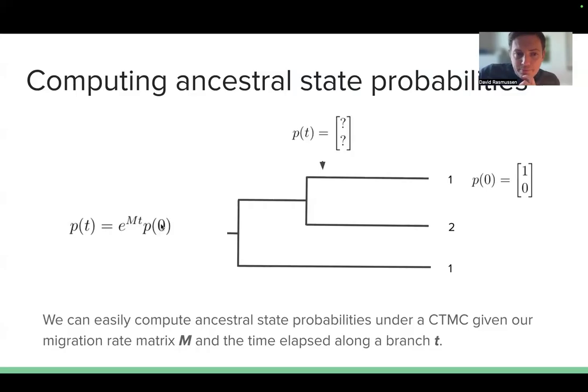And so we can update our initial probability vector by this matrix of transition probabilities to get an updated vector of probabilities that represents, probabilistically, where a lineage is at any given time in the past. This is mathematically easy to do and computationally fast, which is one of the reasons why these discrete trait models have caught on.